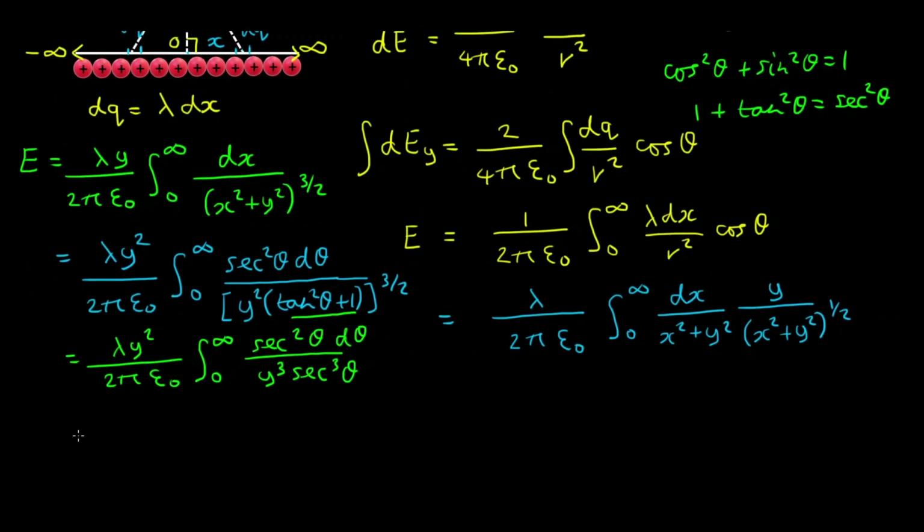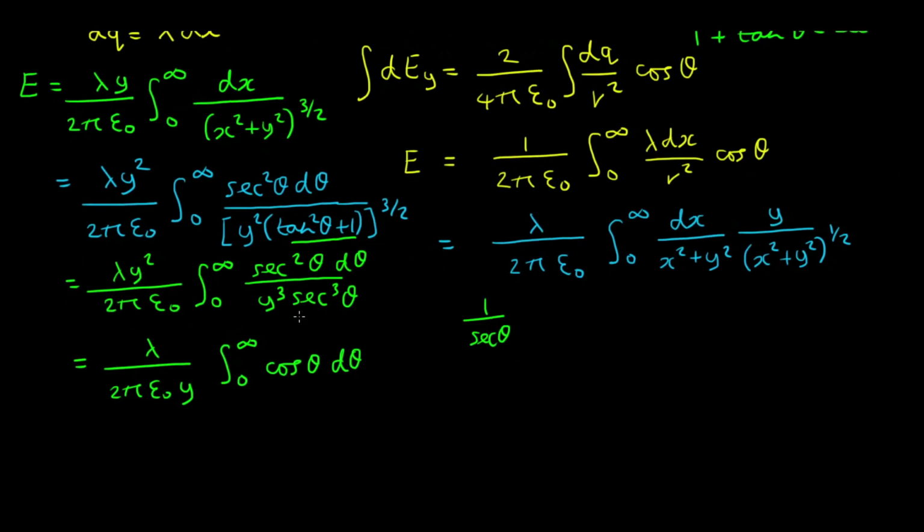And now simplifying this further, we have lambda over 2 pi epsilon naught y by the integral from 0 to infinity, and sec squared theta on sec cubed theta is 1 over sec theta, which is the same thing as cosine theta, and we're integrating over theta.